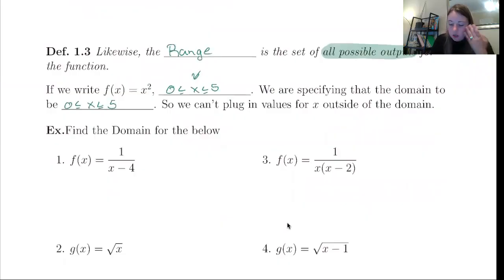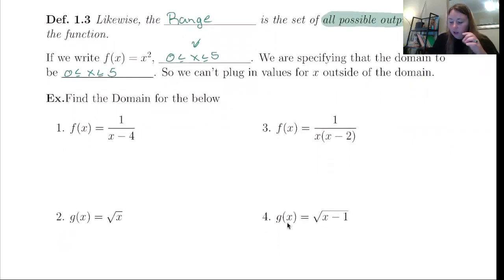Okay. So you might be thinking in your head, well, when can't I plug in a number? I can always plug in a number. You're about to learn. So there are two instances, and we've already talked about them, that are things I can't put into functions.